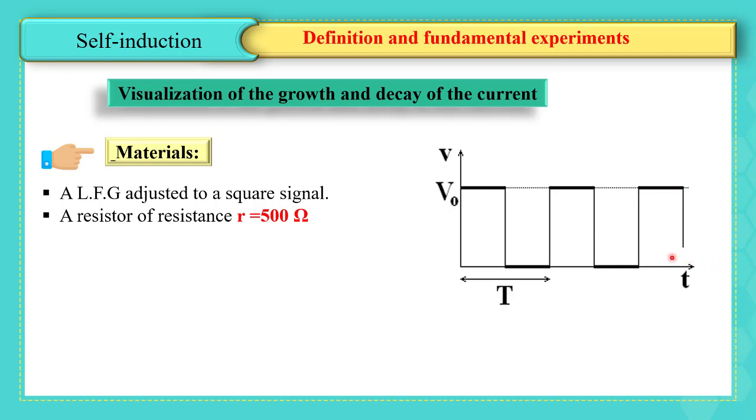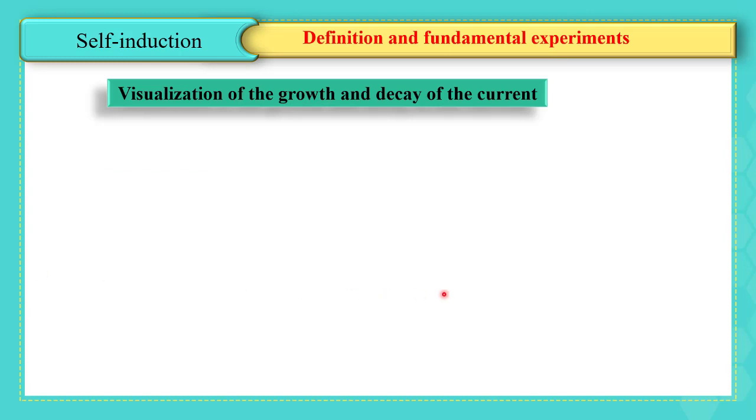In addition to the low frequency generator, we need a resistor of resistance R equal to 500 ohms and a coil with internal resistance R. We set up the circuit as shown in the figure.